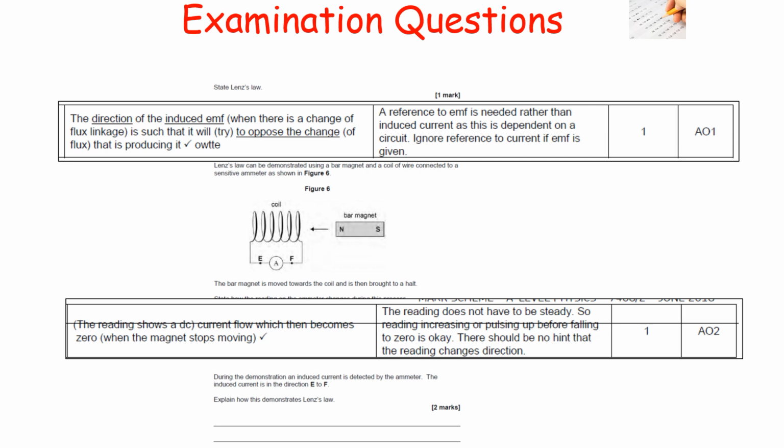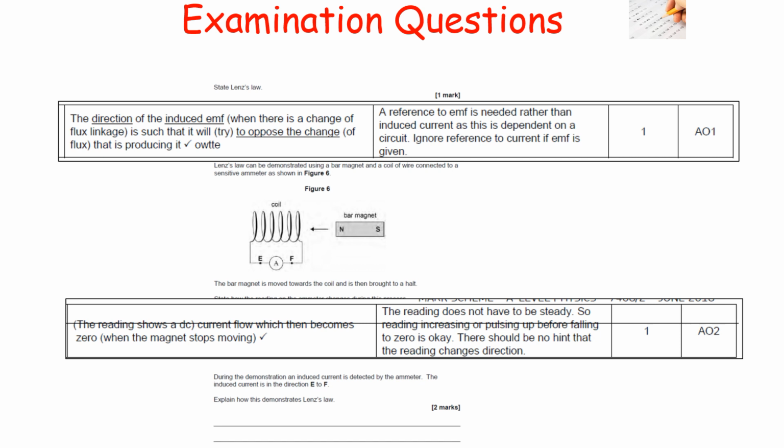Therefore there's a change in magnetic flux linkage, so there will be an induced EMF and therefore a current produced in the circuit. However, when the magnet stops moving, whilst there's still a flux linkage because the coil is still in the magnetic field of the bar magnet, there's no longer a change in flux linkage because everything's staying stationary, so there's no induced EMF, there's no current, and there's no reading on the ammeter.